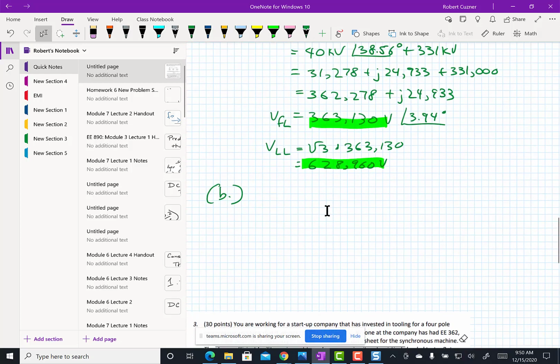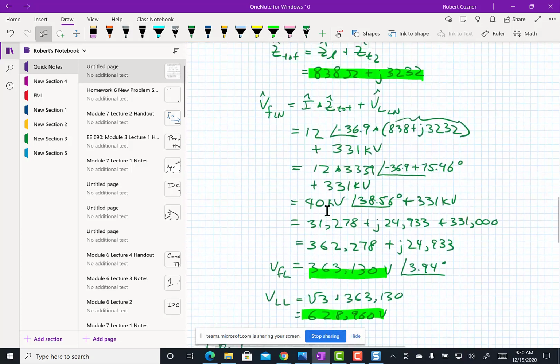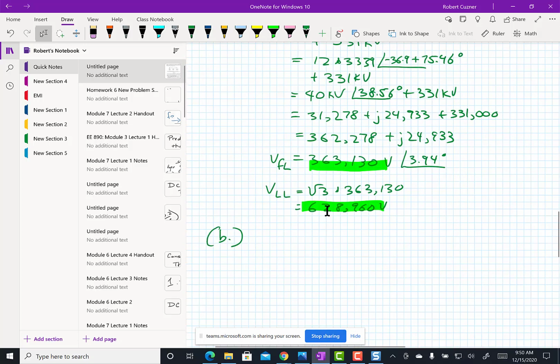Okay, let's go to the next one. What we have to do is go to the other side of the transformer, so there's another impedance involved. Now we're going to move everything to the 4160 volt side of the transformer. This is the voltage that the transformer is supposed to be putting out.